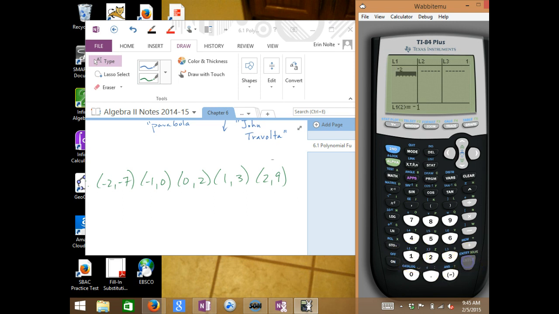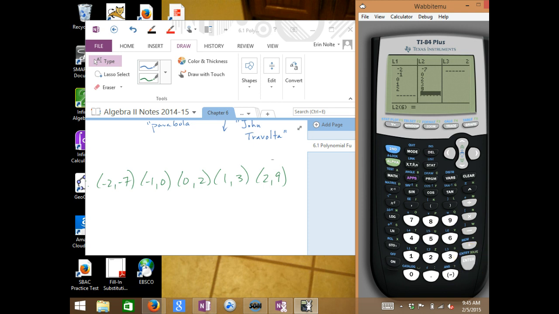But maybe it's good to go slow. 0, 1, 2. Okay, and then my y values go in list 2, so I got -7, 0, 2, 3, 9.